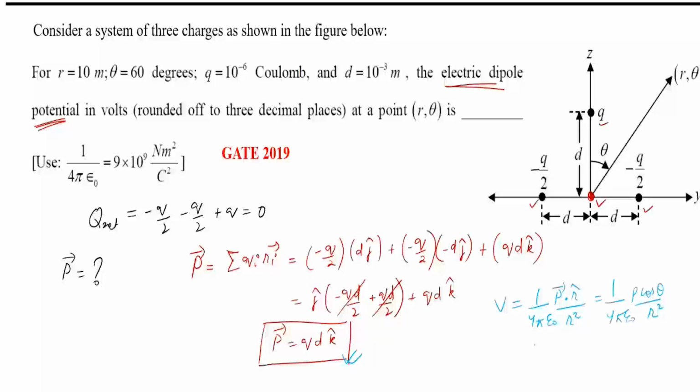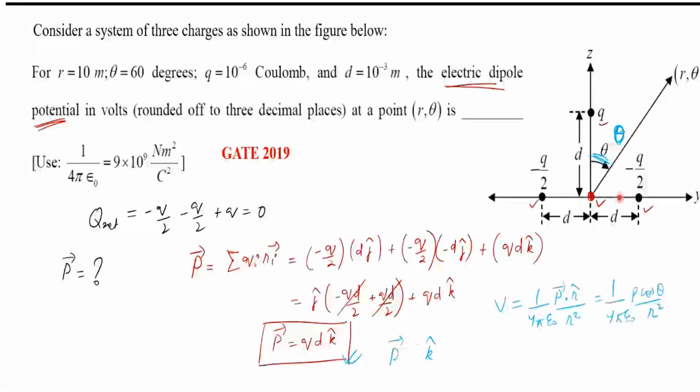Why am I writing cos theta? Because P is in K direction, and in the question itself, they have given this theta. Can you see this theta? They have already given the angle between the R vector and the Z vector.